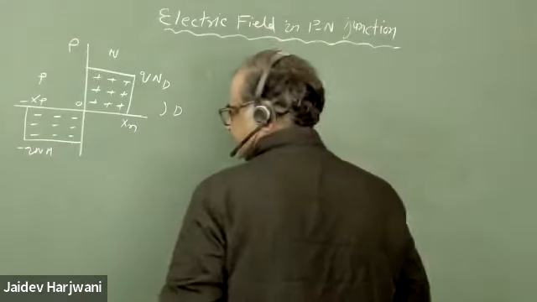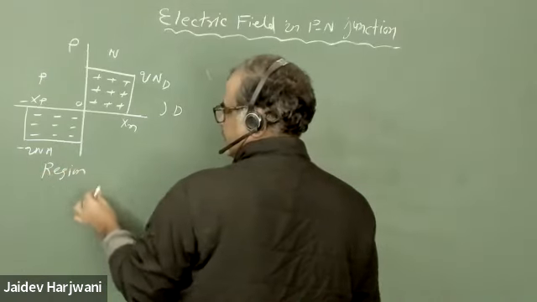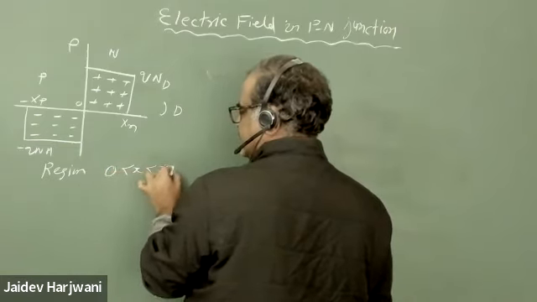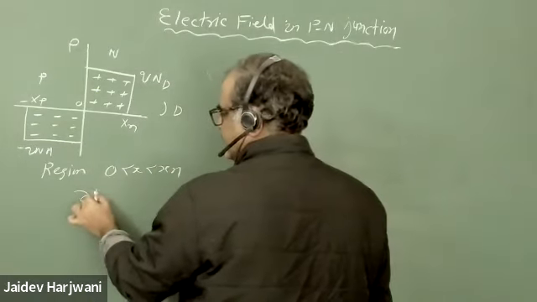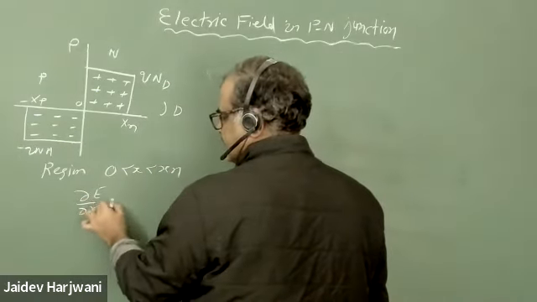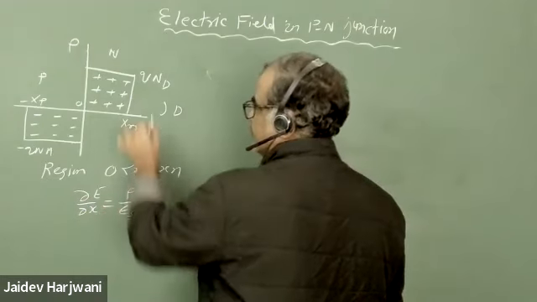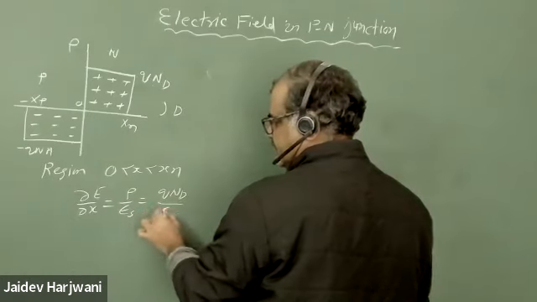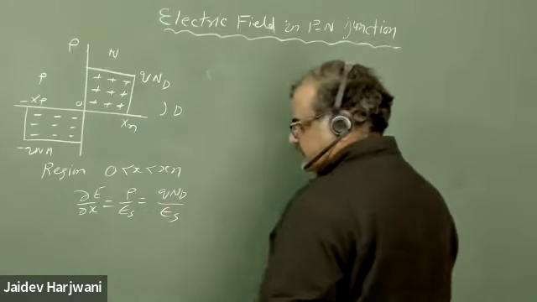I want to calculate the region 0 to x_n. So dE upon dx equals rho upon epsilon_s, and the rho value here is qN_D, positive, over epsilon_s. Now let me integrate this equation.